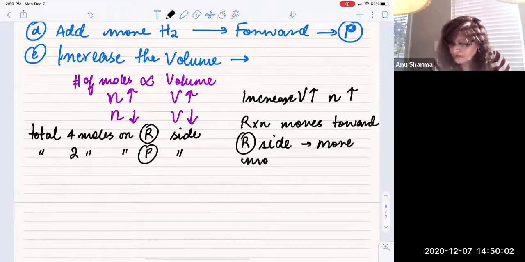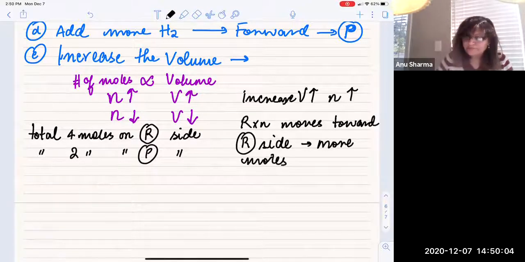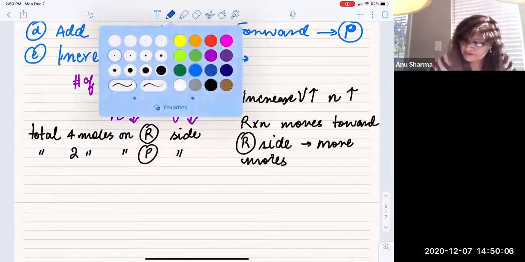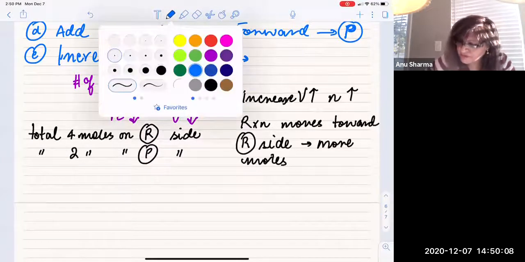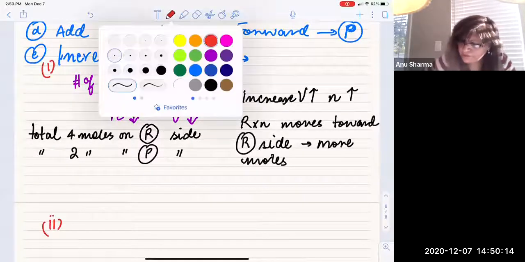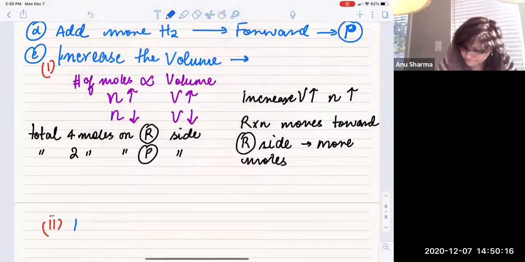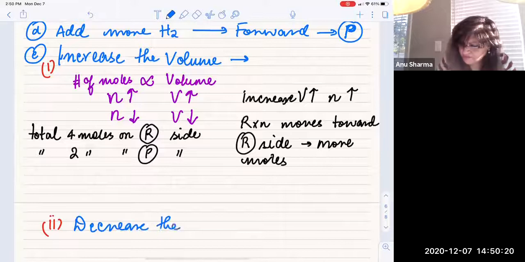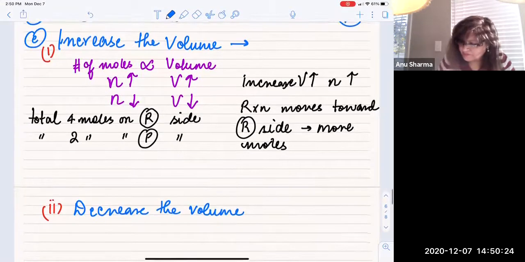But on the other hand, if you decrease the volume, let me just write this down because this can be a little bit confusing sometimes. If you decrease the volume, then what happens? It would go towards the product side because more collisions would occur.